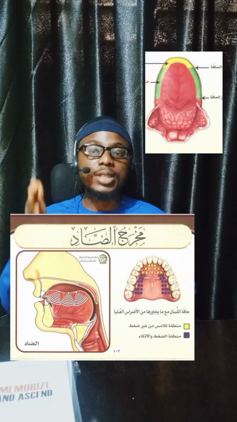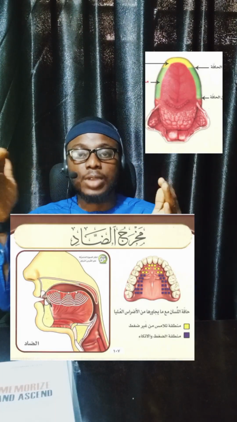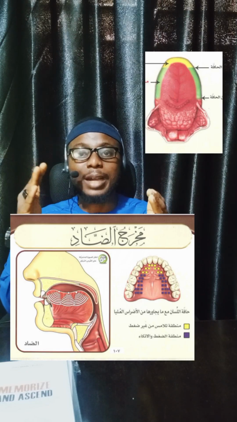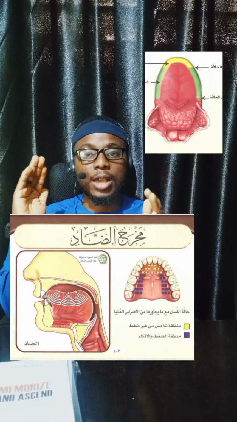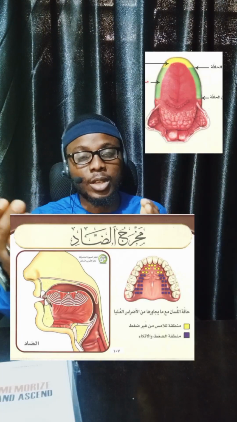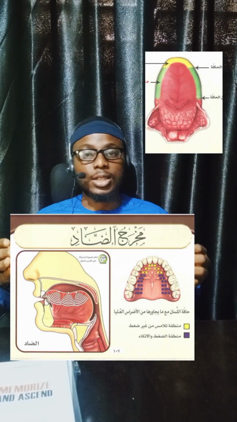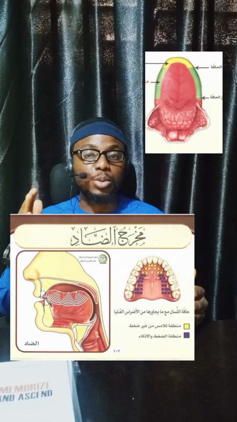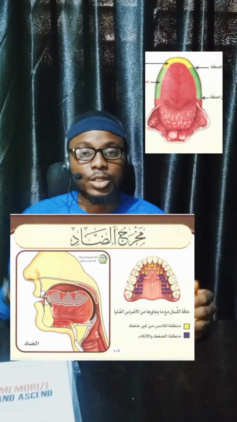Either you use the right side of your tongue to kind of eat the molars on this side, while the vibration emanates from almost the back of the tongue going towards the front. That is why Dod has a particular attribute we call istitala. This istitala is the vibration that, when you pronounce Dod, starts from the side of the tongue and then goes towards the front.